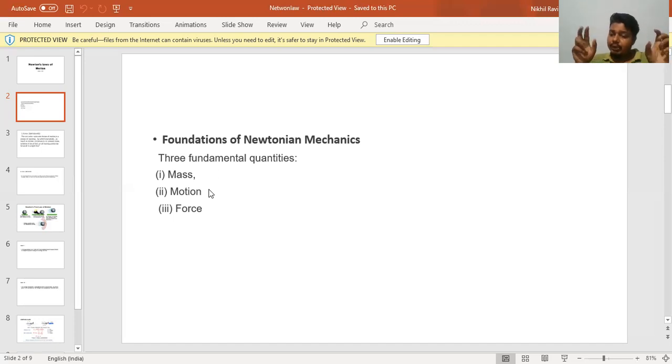The force only exists as a result of the interaction. Suppose I have this object. Please see, it is the object. If it stays here, that means it has no forces acting on it.